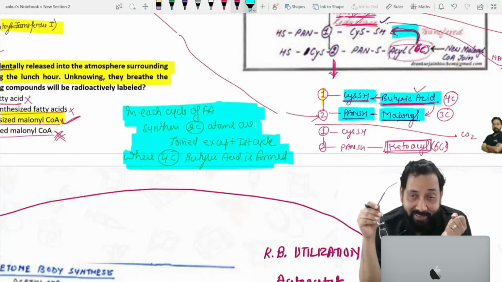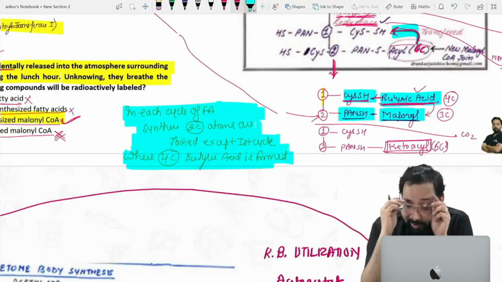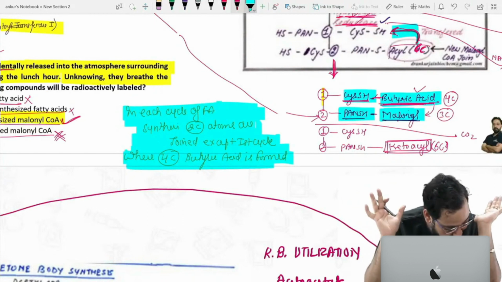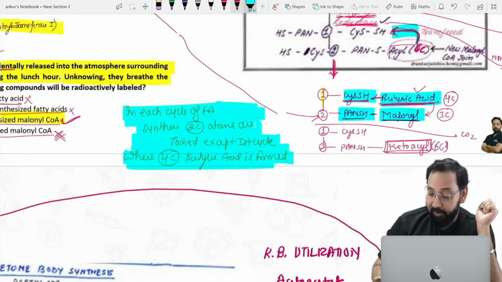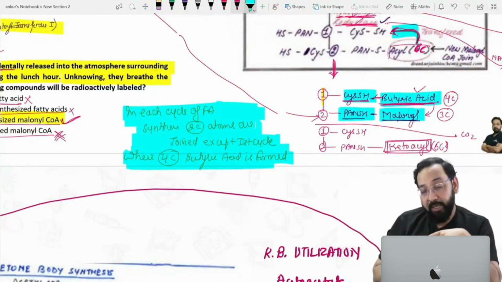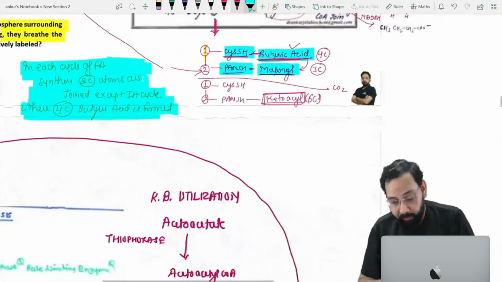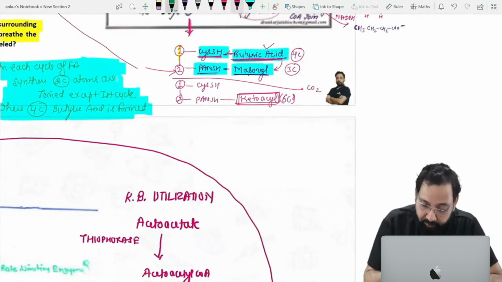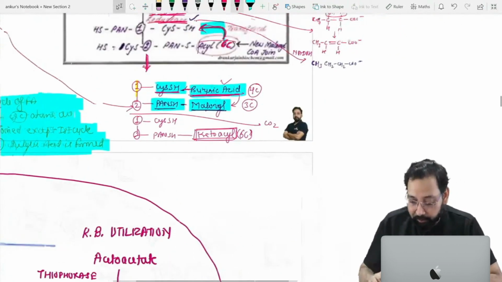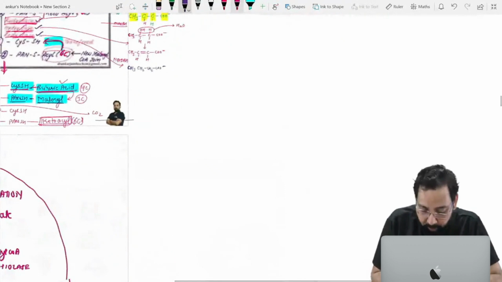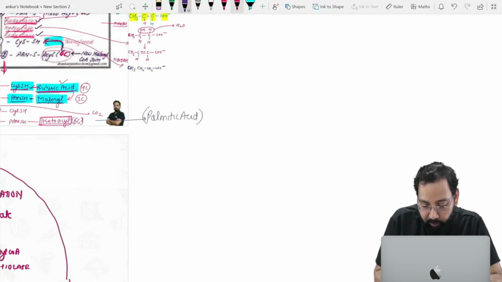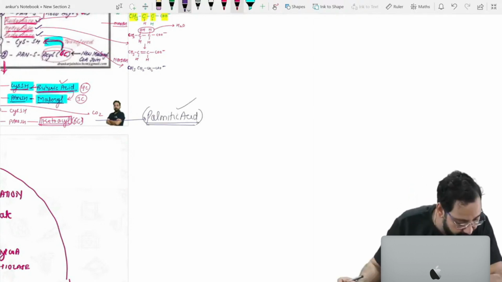So we started saying that in the first cycle 4 carbon atoms are joined, and in every further cycle 2. The most common fatty acid synthesized this way in our body is palmitic acid.